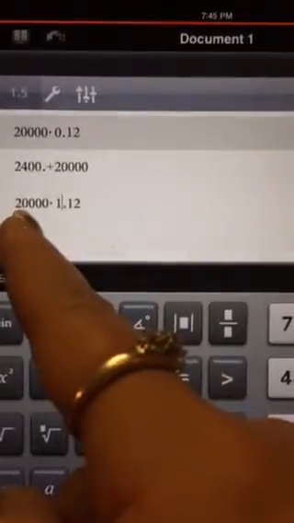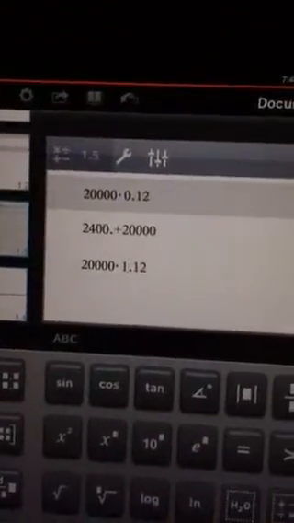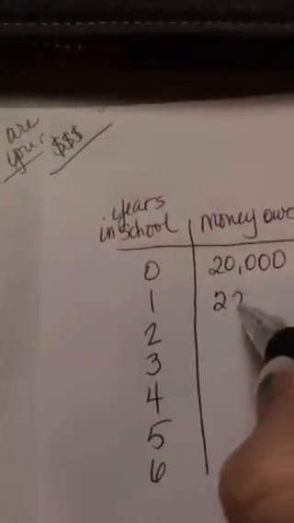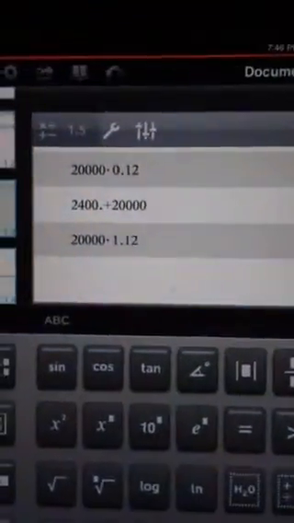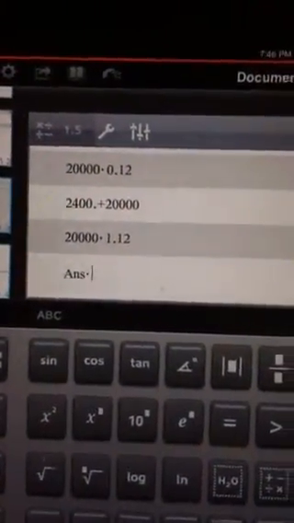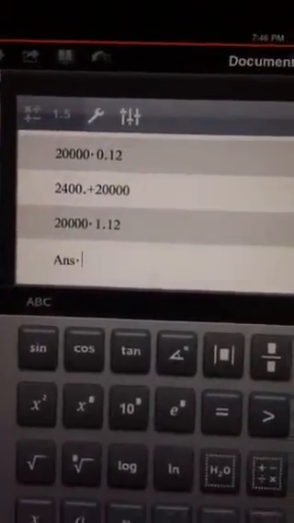So when you multiply it by 1, you're essentially adding this other 20,000 like you were in the beginning. It's just a one-step problem instead of a two-step problem. Okay? So our first amount is 22,400.